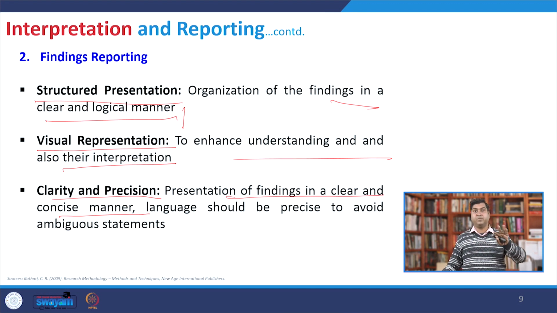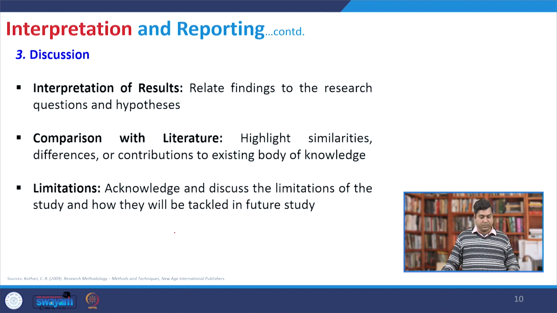You don't need to describe the table, but out of the table make certain discussion. Write some engaging statement which conveys, and is in alignment with, the findings in that table or figure. That is what is required in findings reporting.